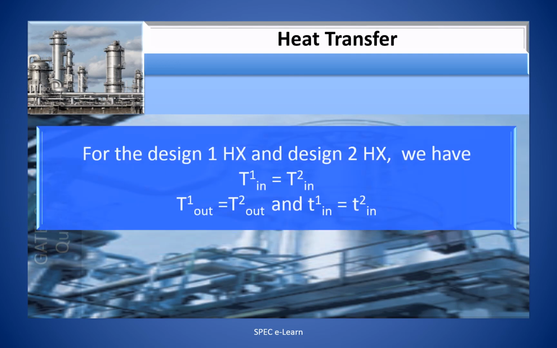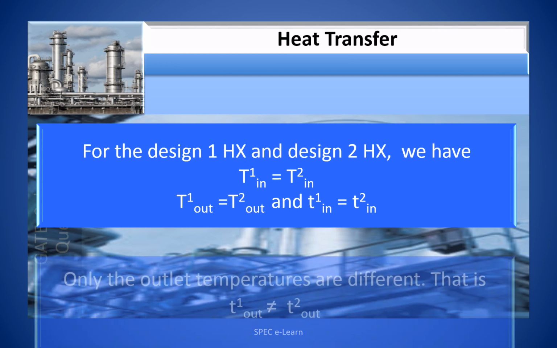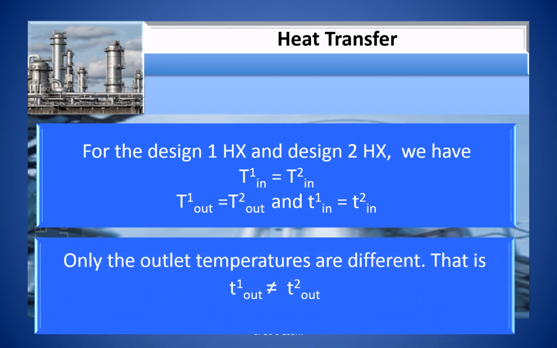For the design 1 heat exchanger and design 2 heat exchanger, we have capital T in 1 equal to capital T2 in, capital T1 out equal to capital T2 out, and small t1 in equal to small t2 in. Only the outlet temperatures are different. That is, T1 out is not equal to T2 out.